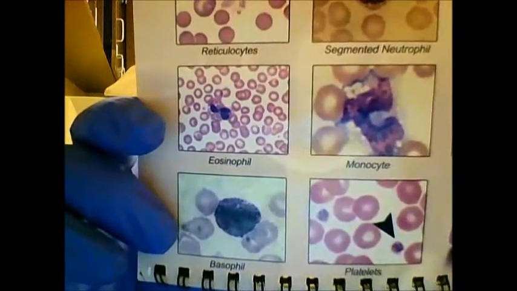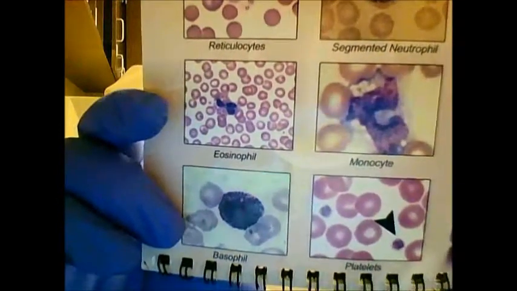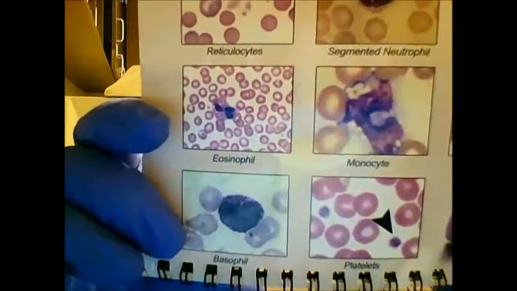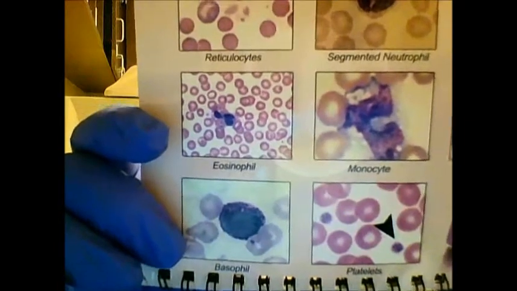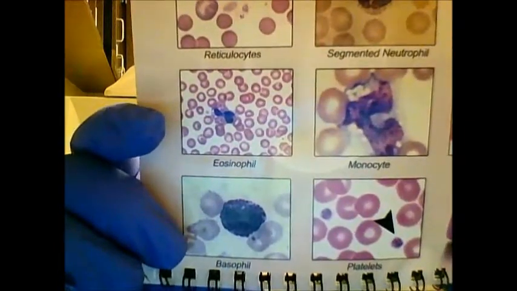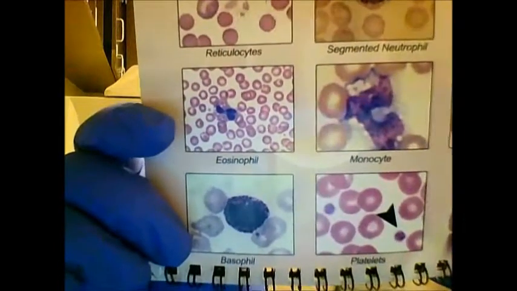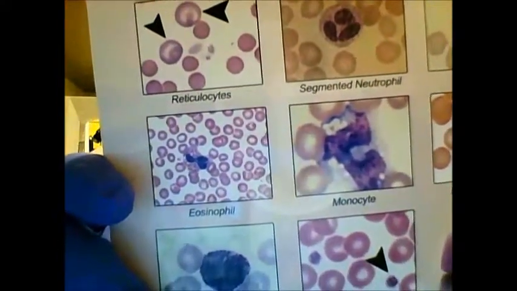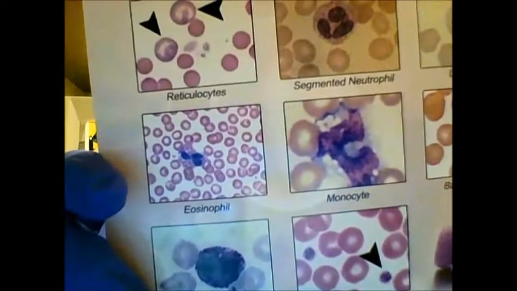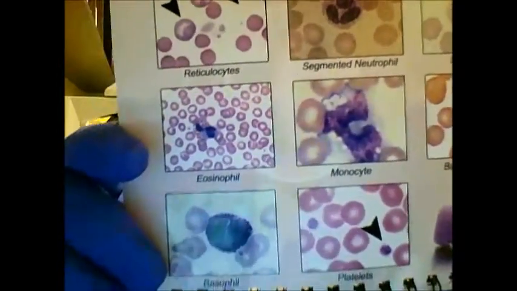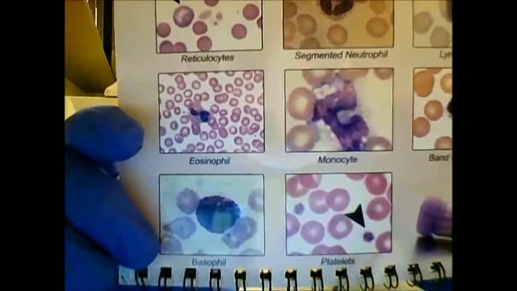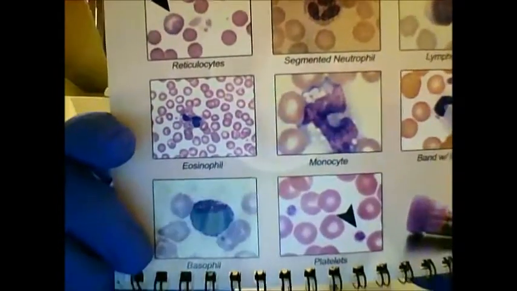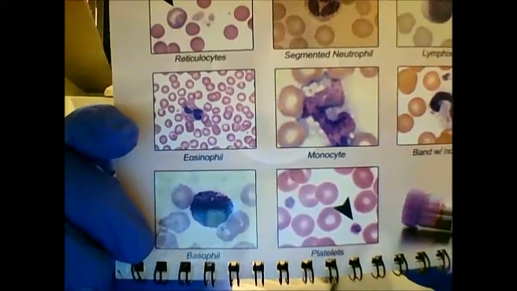Eosinophils you'll see for allergic reactions, but also if your patient is inundated with some type of parasite. You'll see it's really gritty in the cytoplasm, kind of looks like a three-piece flower, and it's slightly larger than the red blood cells. But the monocyte's definitely the largest white blood cell that you're going to look at.